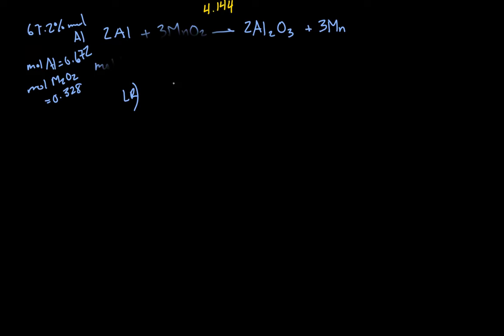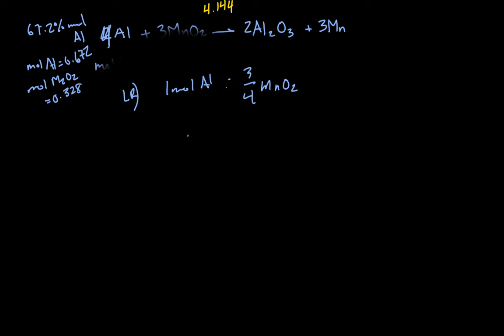So 1 mole of aluminum is going to react with, this is 3, so this is going to be 3 over, yeah, sorry, I did 2. Wrote this wrong. This should be a 4. Okay, so 1 mole of aluminum reacts with 3 over 4 moles of manganese dioxide.